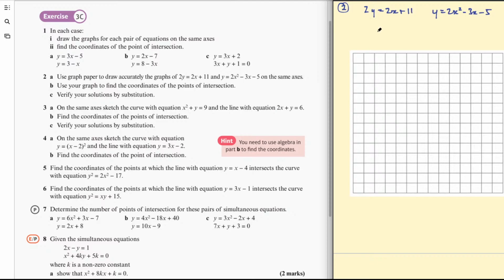I'm going to write this in gradient intercept form. I personally find that easier. If you don't need to do this, then great. So we're graphing these two. I may end up shifting these axes depending on what the graphs look like, but we will see.